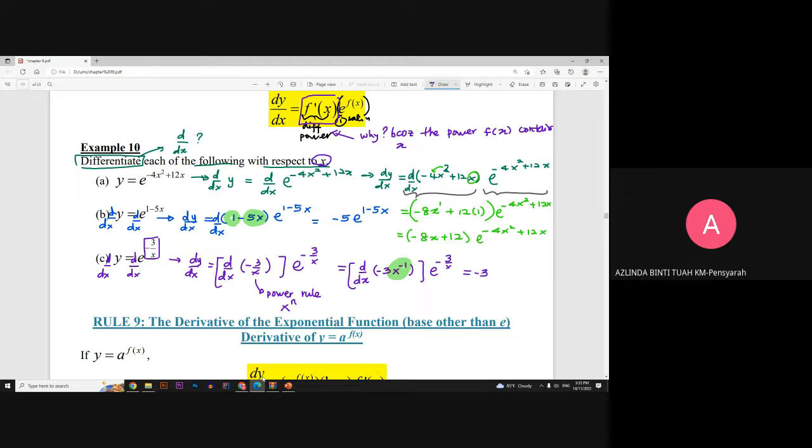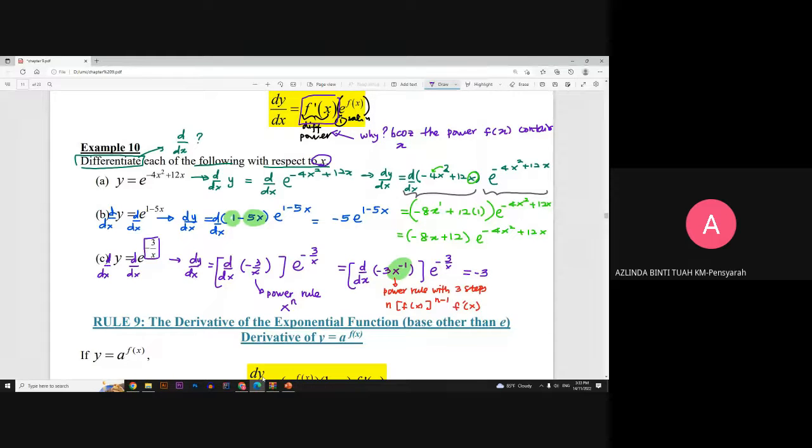Okay, for this part, with 3 steps, power rule, with 3 steps, bring down the power, minus 1, and differentiate inside the bracket. So what do we have now?